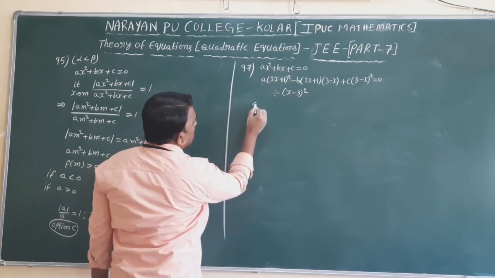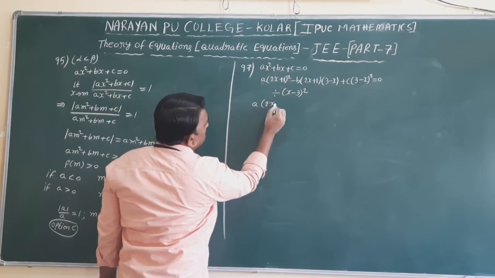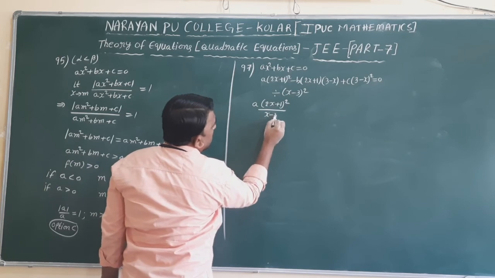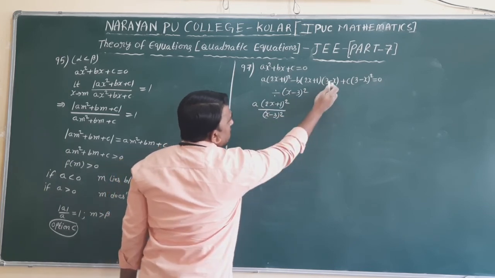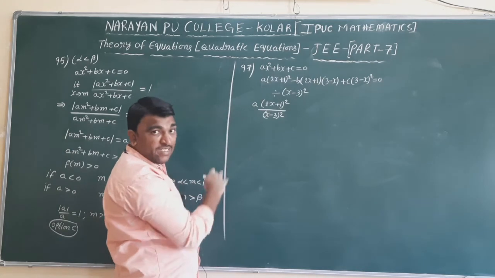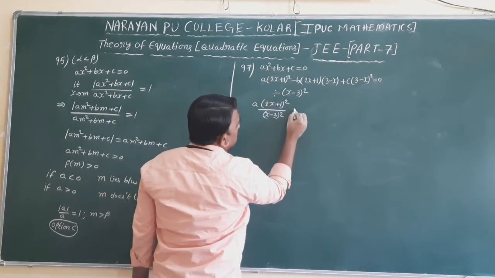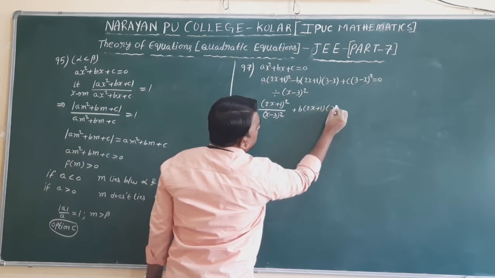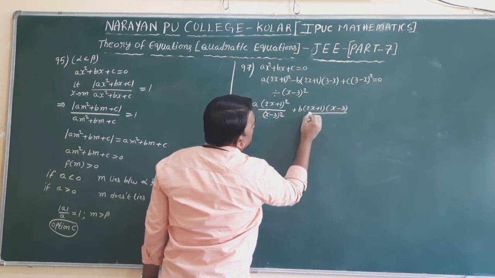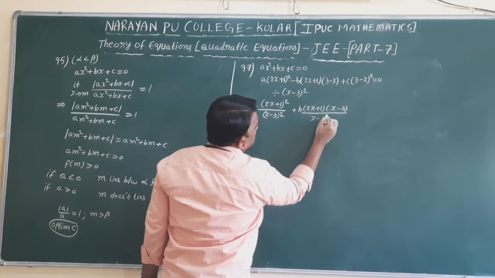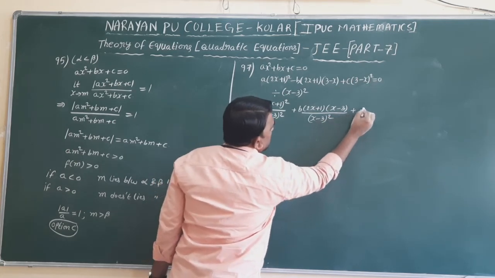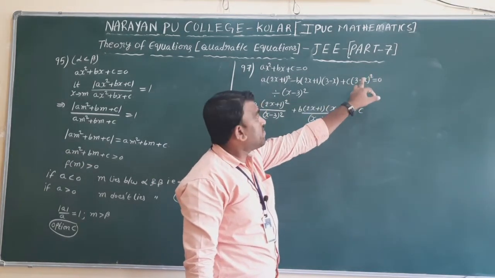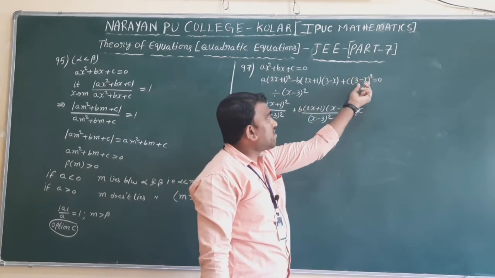So a into 2x plus 1 whole square divided by x minus 3 whole square. Here, for x minus 3, take minus common, so it becomes plus b into 2x plus 1 into x minus 3 divided by x minus 3 whole square, plus c into 3 minus x whole square, which is the same as x minus 3 whole square because of the square.